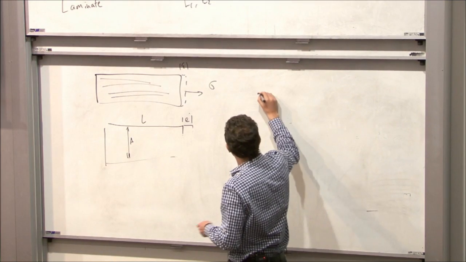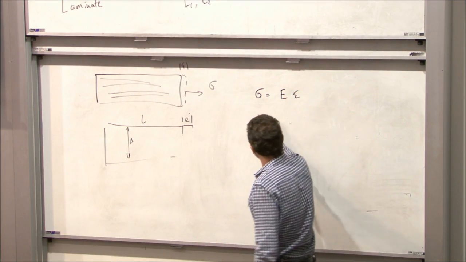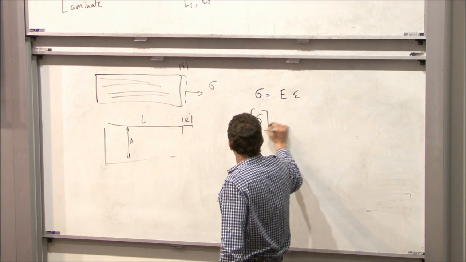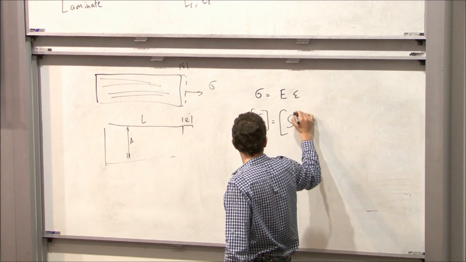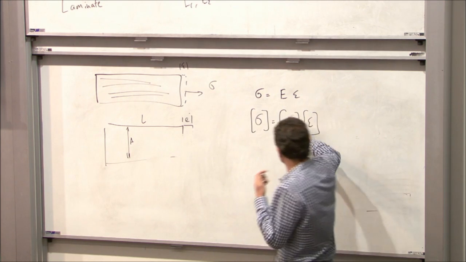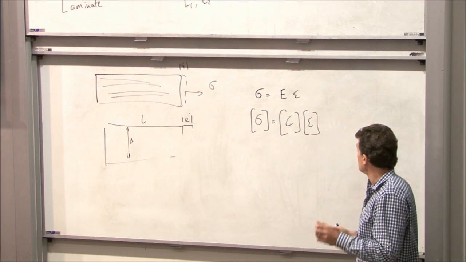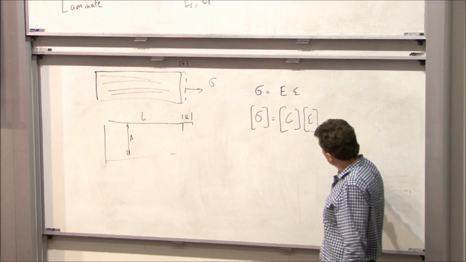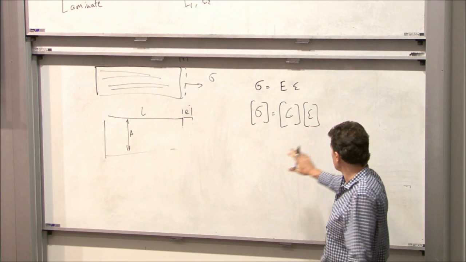So with our bar, we had stress equals E strain, or if we did it with matrices, actually, no, sorry, that's C. Okay. Now, what I'm showing on the board there isn't quite this.